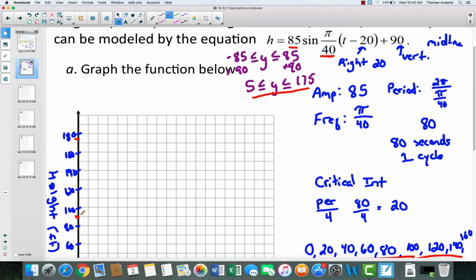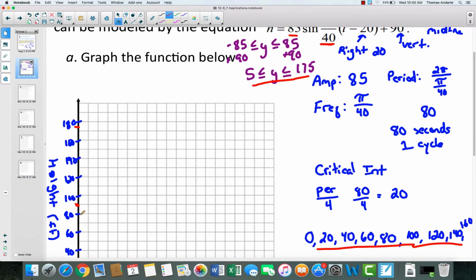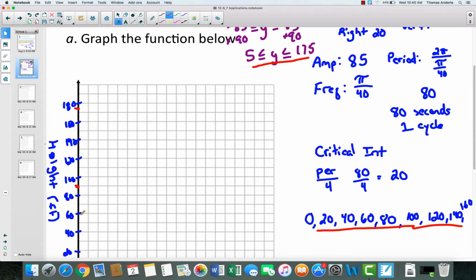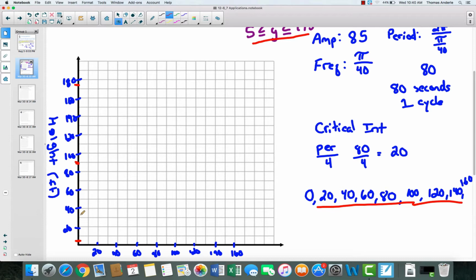So these red marks, this is the only place where we should be plotting any sort of points, is at 175, 90, or 5. I'm going to draw in the midline. Okay. We're ready to go. We can now plot all of our points.